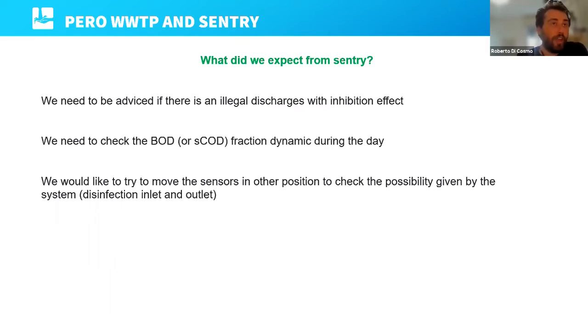Also, we need to check the BOD concentration or maybe some fractionation of COD in order to see the dynamic fluctuation during the day. And another thing is that we would like to try to move the sensor from a first position, in order to check these two basic things, to a secondary position at the disinfection inlet and outlet in order to see Escherichia coli concentration.